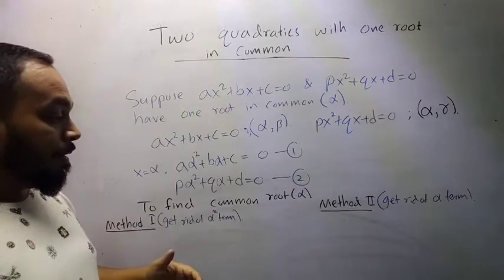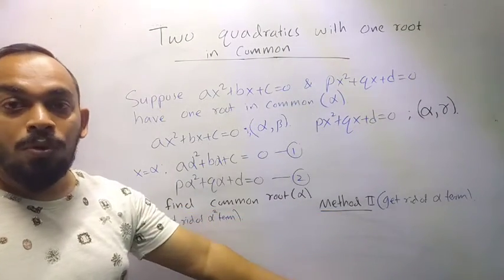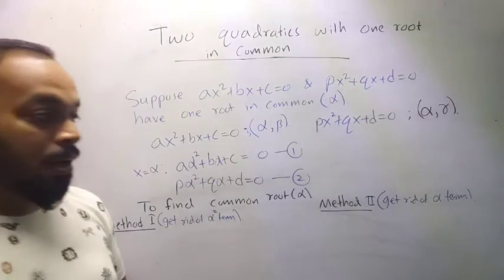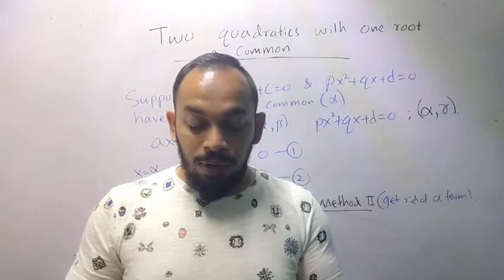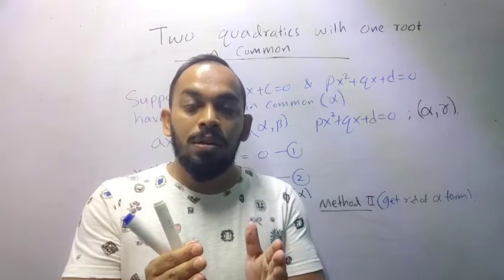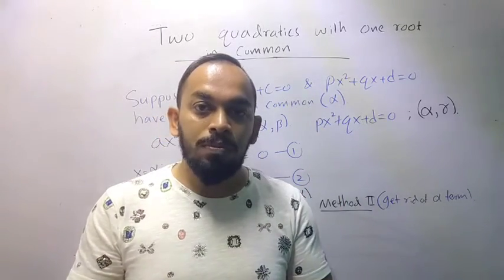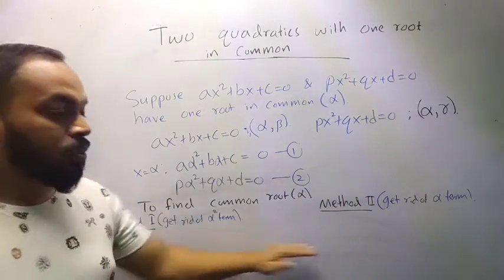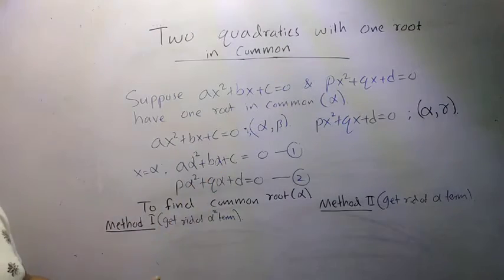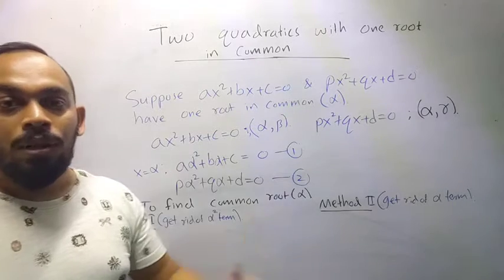But I'm going to do both methods, because when we move on to the next part, where we find the condition that needs to be satisfied such that two quadratic equations have one root in common, these two solutions are actually a single solution. So these two representations will come in handy.